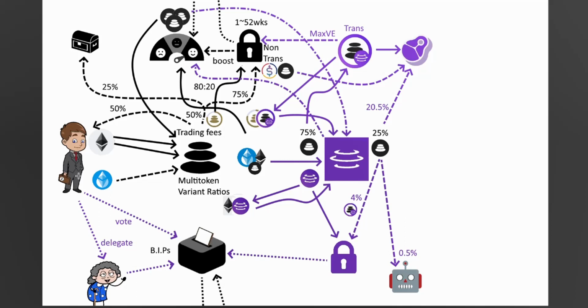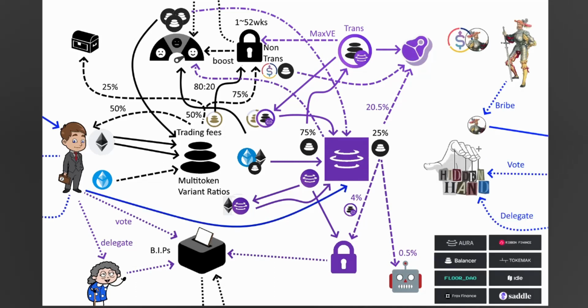Now, if you hold Aura, so let's say Dollar Bill is the person who has locked this Aura into this contract, he has two choices. One is he can just directly vote on the snapshot himself, or he can delegate his vote to someone else, and then she can vote for him, right? Now, in comes Hidden Hand.